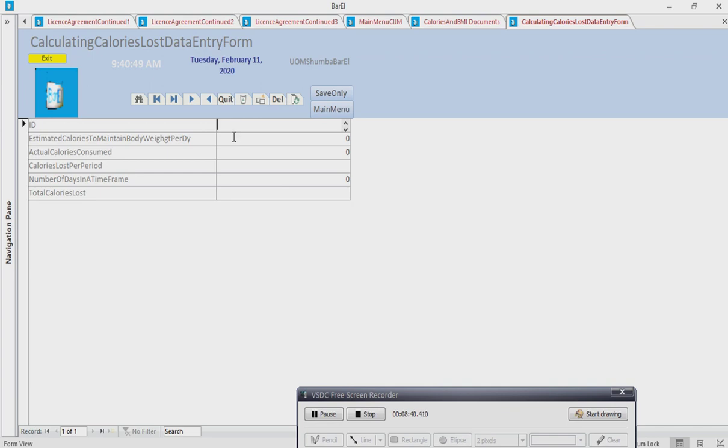Let us see how we can calculate calories to be lost. If you want to lose weight, 1,800 estimated calories to maintain body weight per day. Actual calories consumed, let us say, is 360.